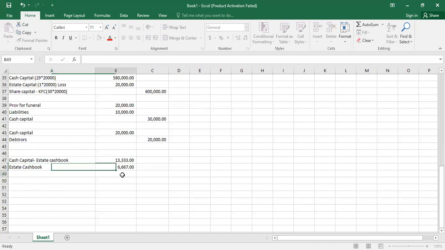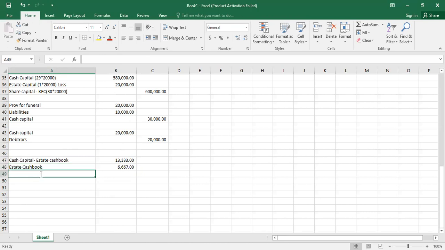Once you do the double entries, completing the books will be so easy, right? So which accounts will be credited? To close this, we are going to credit our estate capital. To close this, we are going to do it in the estate income, isn't it?